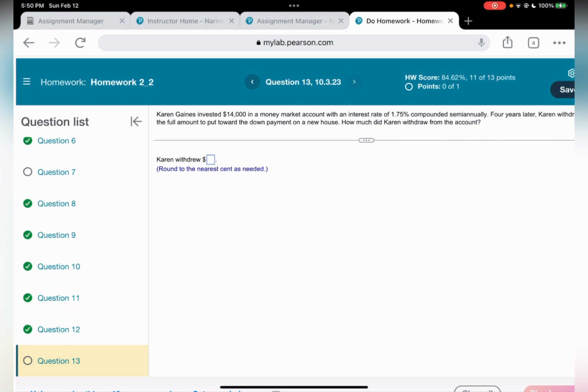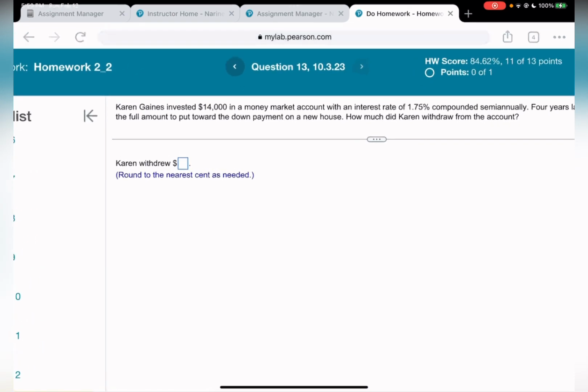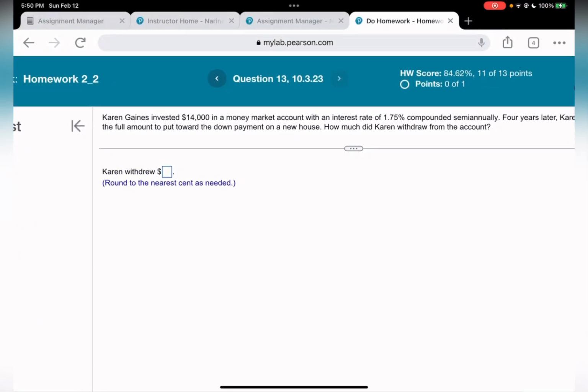Let's see what we have there. So, Karen invested 14,000 in a money market account with an interest rate of 1.75% compounded semi-annually.